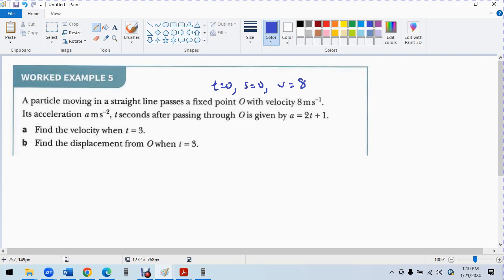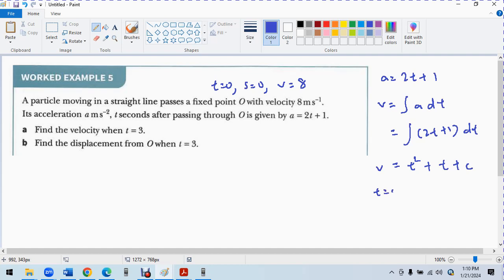So the acceleration is a equal to 2t plus 1. Then the v is the integral of a dt, the integral of 2t plus 1 dt, then it's t squared plus t plus c.